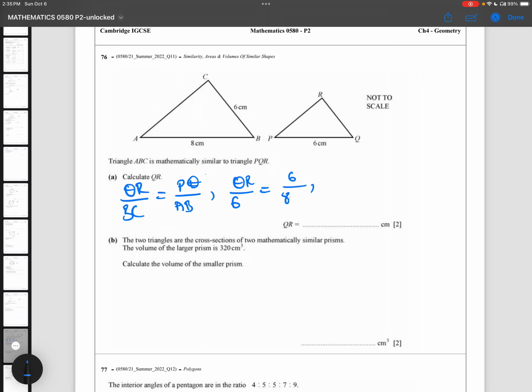Now QR is equal to 6 upon 8 multiplied by 6, so this is equal to 36 upon 8, and that's equal to 4.5. So QR is equal to 4.5 centimeters.